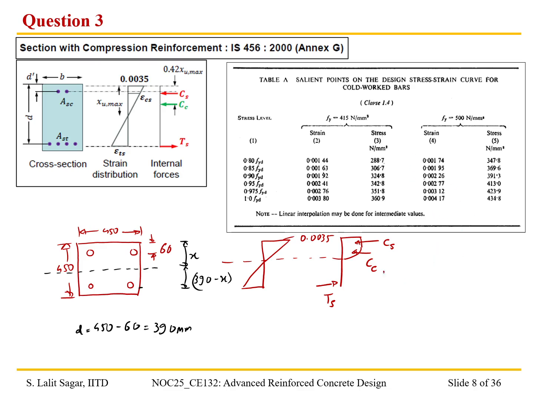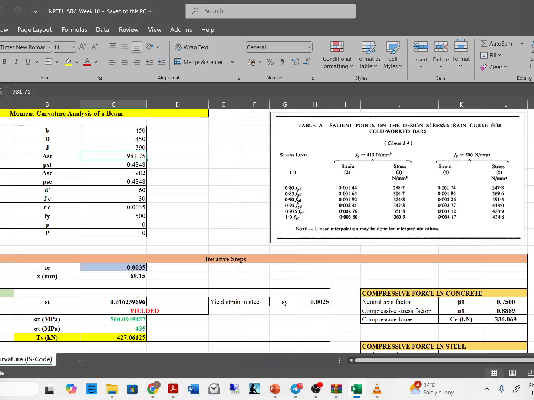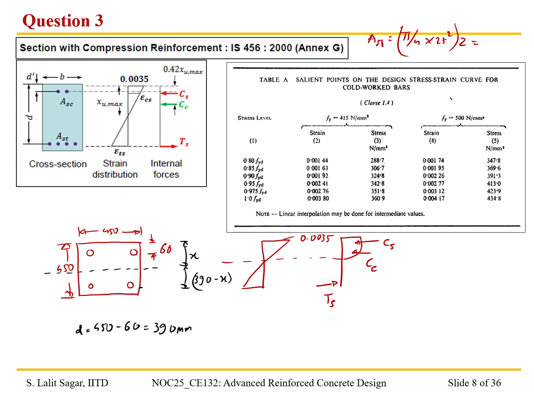AST is basically pi by 4 of 25 square multiplied by 2, which gives me 981.75.